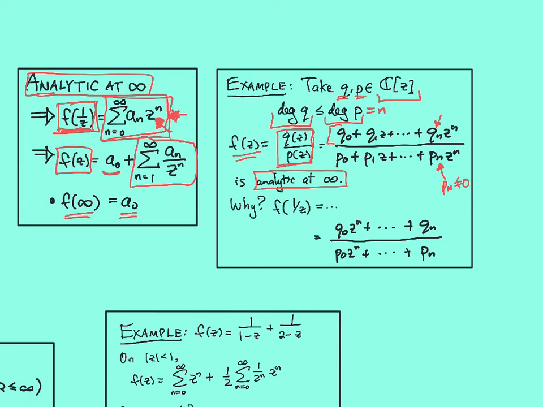Well, we just have to look at it when I plug in 1 over z. So what happens when I plug in 1 over z? Well, I get this on the top and something similar on the bottom.